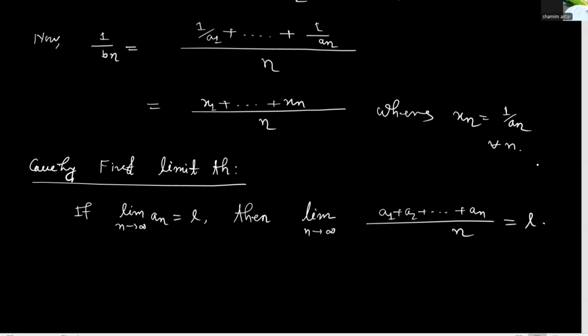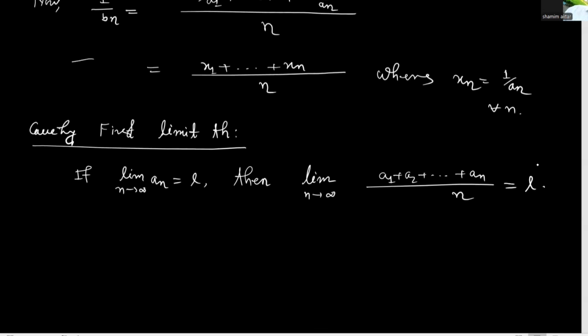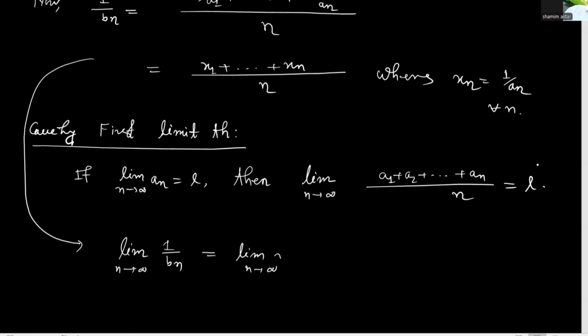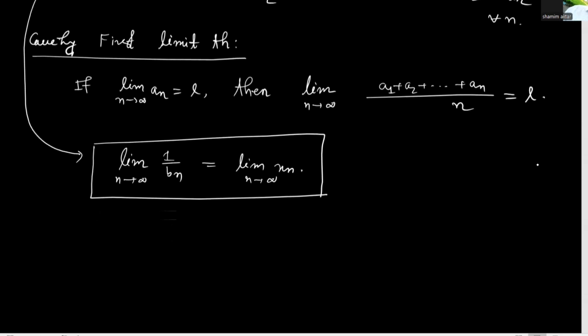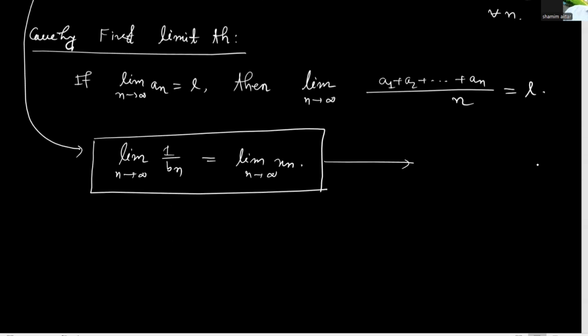Applying these theorems, we have the limit of 1 by b_n as n tends to infinity equals the limit as n tends to infinity of x_n, and this is equation number 1. Now find the limit of x_n.